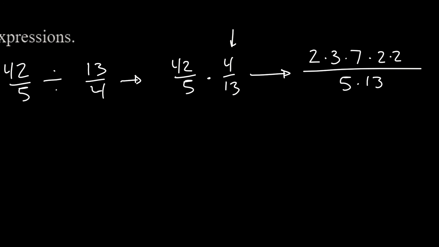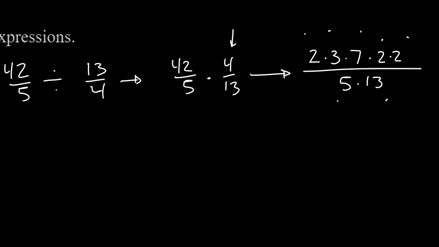So this is prime factored form. Both the numerator and denominator are written in terms of their prime factors. The numerator's got 2, 2, 2, 3, 7, and the denominator's got a 5 and a 13.